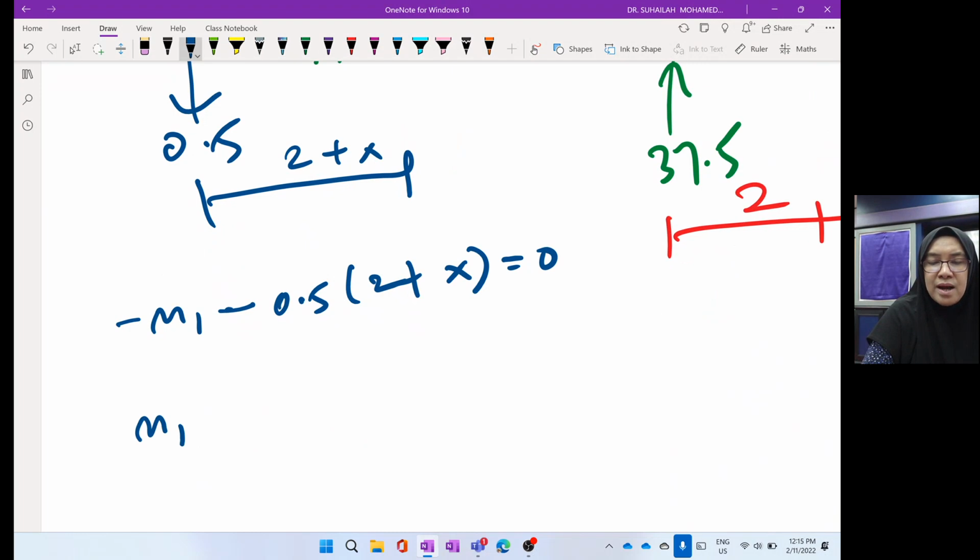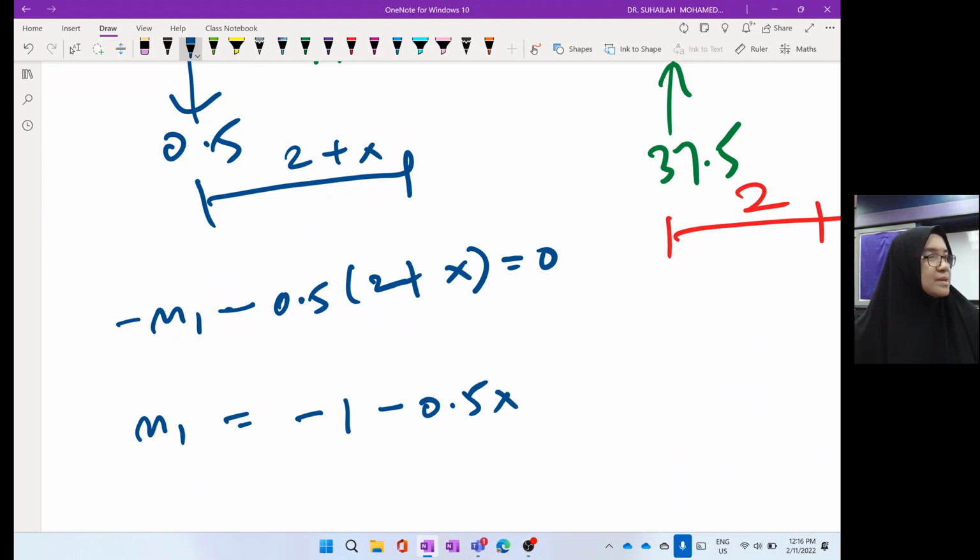So M1 equal to negative 1 minus 0.5x. Positive or negative? Negative, right?